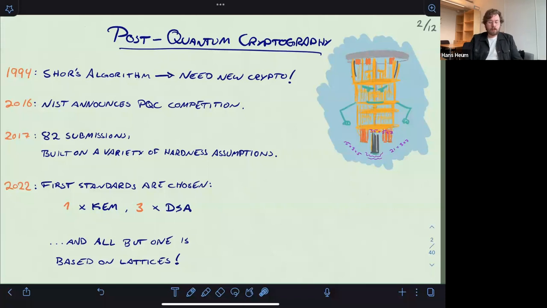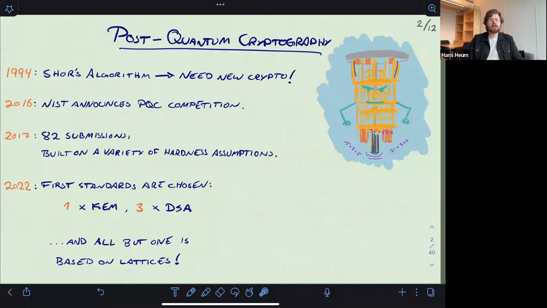There were both public key systems called KEMs, an acronym for key encapsulation mechanism or key exchange mechanism, and DSAs, digital signature algorithms. Last year, one KEM was chosen and three signature algorithms were chosen.